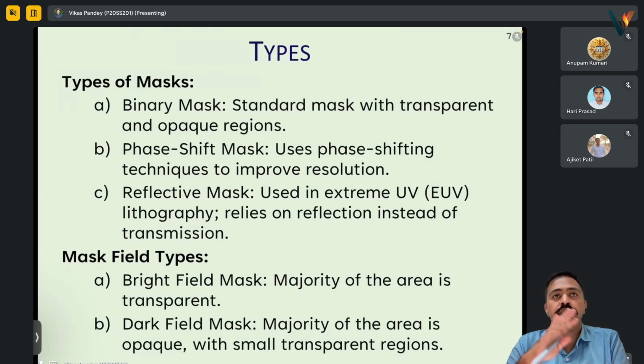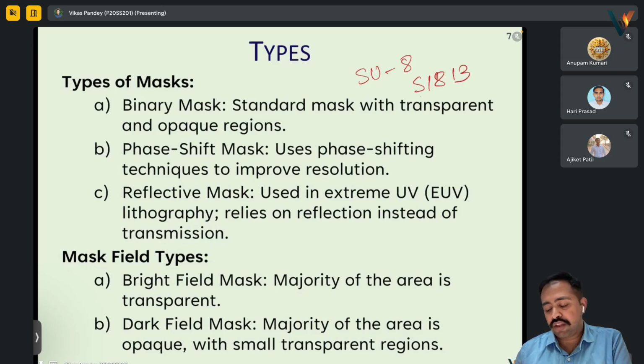When we buy any electronic component, we see a datasheet, right? We check what its parameters are. Similar to that, when we buy a PR, we get a datasheet associated with it, like suppose I am going to buy SU8 or S1813.